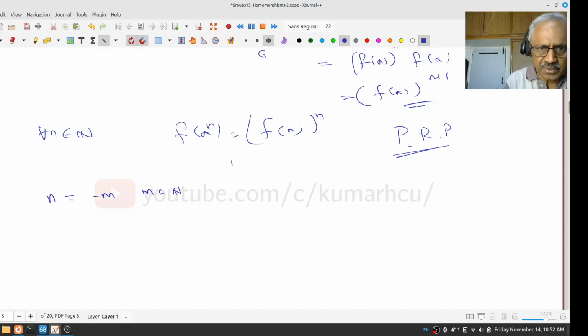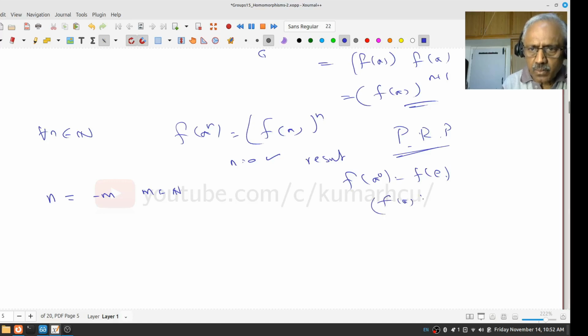For n equal to 0, the result is obvious: f of a power 0 means f of e, and f of a, whole power 0, is b power 0, which by definition is the identity element. So the result is true for n equal to 0.